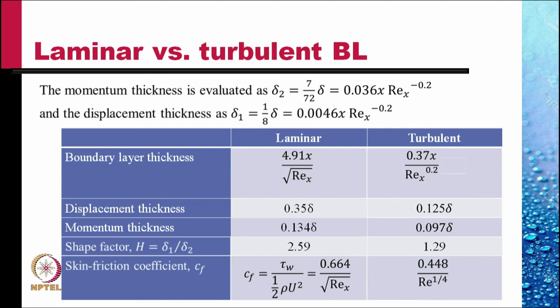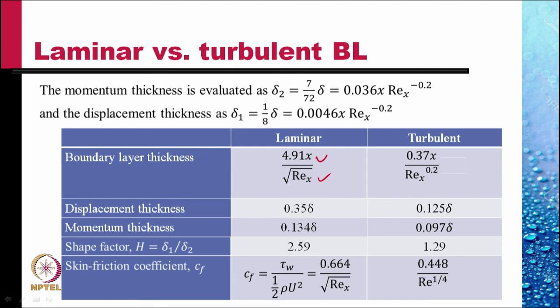This table shows the difference between the laminar and the turbulent flows. You see the boundary layer thickness in the laminar flow grows like x raised to the power 0.5, like under root x, because there is x in the numerator and there's a root x in the denominator. Reynolds number based on x contains x in the numerator.